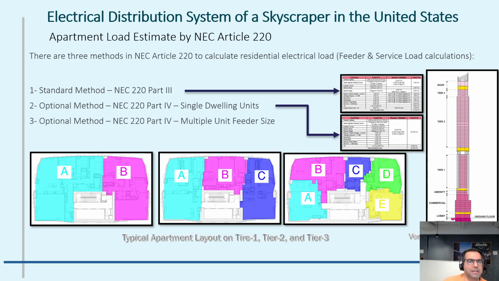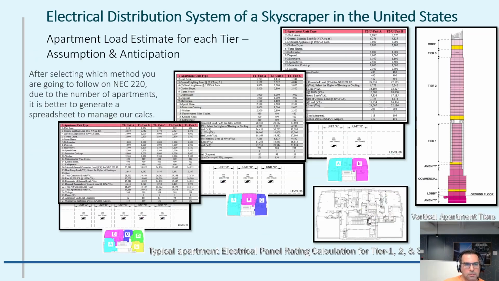So in NEC, there are three methods to develop the calculation for each apartment. There are the standard method, the single dwelling units method, and also the multiple units feeder method. In my project, I selected the third option. So we are going to go through this calculation.